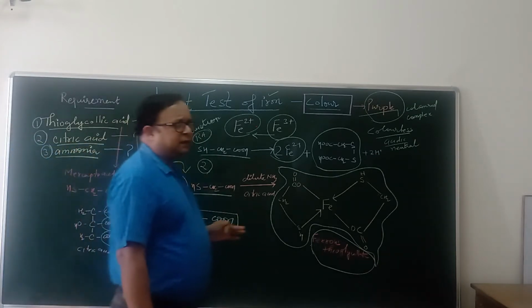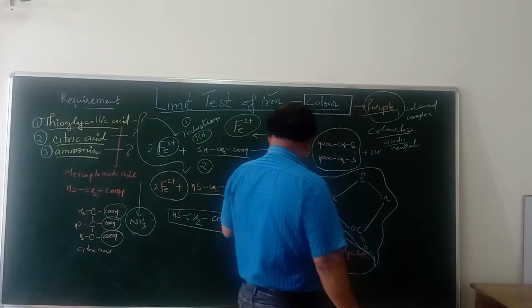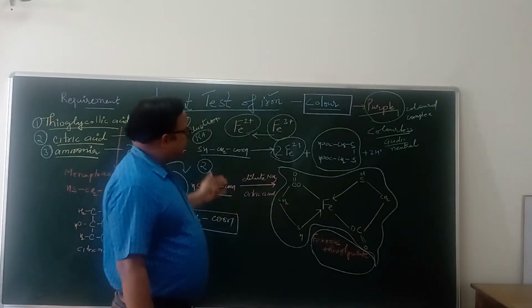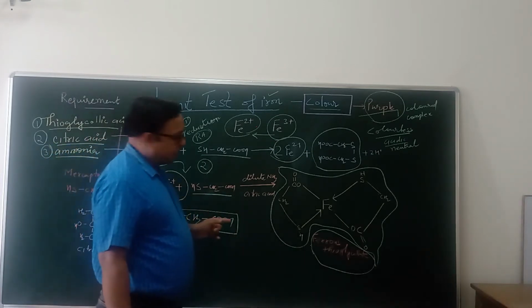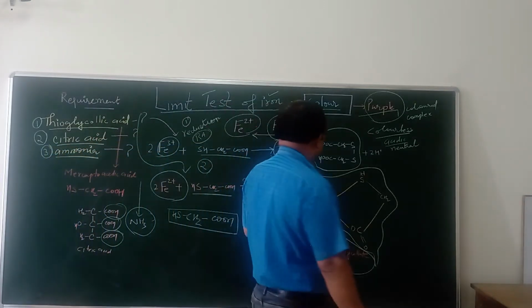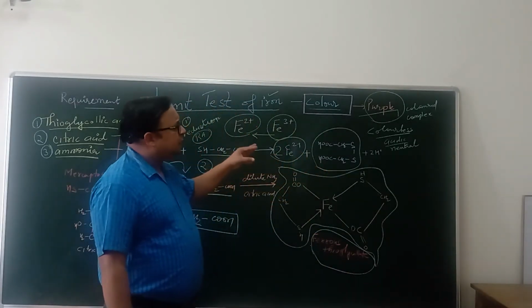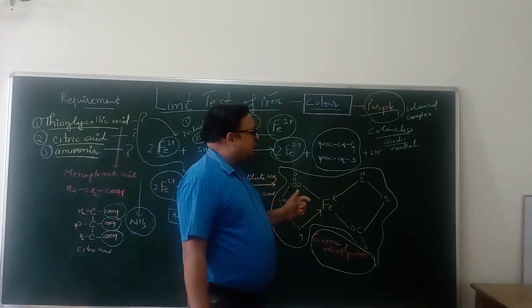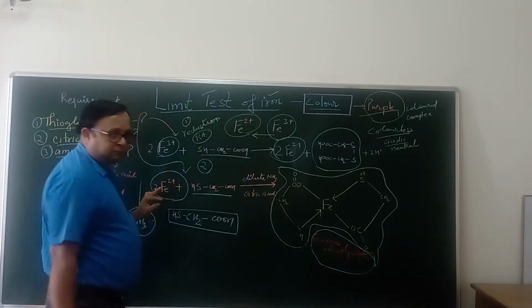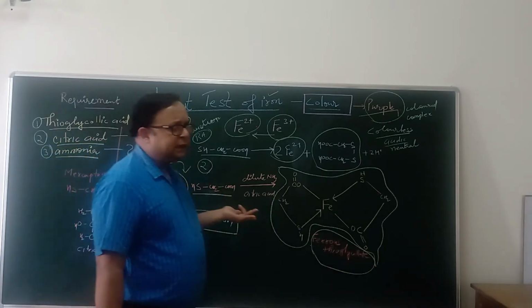Now let's see the citric acid. Why are we using the citric acid? So students, remember here, as soon as we add ammonia, ammonia not only changes the color and makes the system alkaline, but it also reacts with the iron, and that is a disadvantage or demerit.